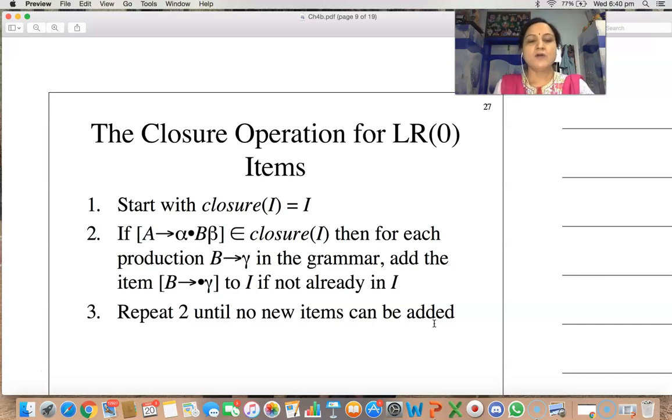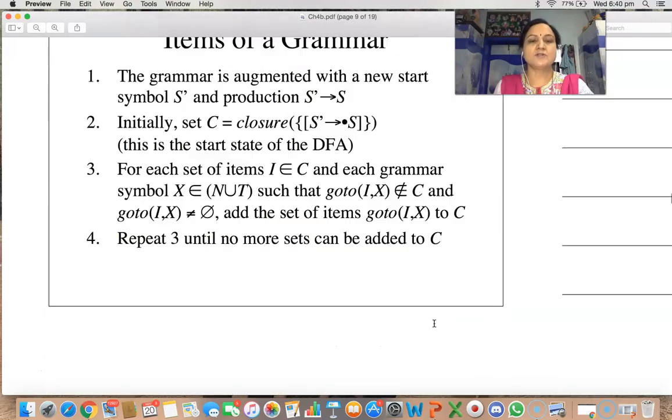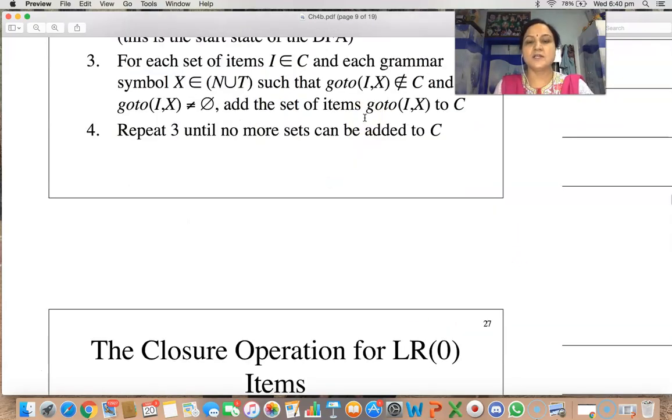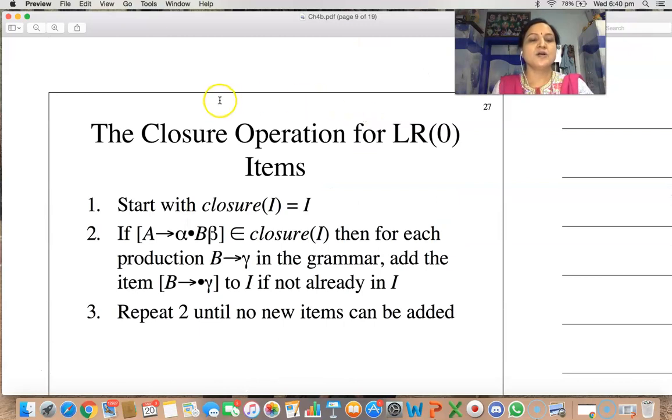So now how do we compute the closure? Because we have to compute the closure of S dash tends to dot S. So how to compute this closure? Initially we start with the closure of I equals to I, that is the state number. Then in that state, if we have a production A tends to alpha dot B beta, what is the meaning of this production?